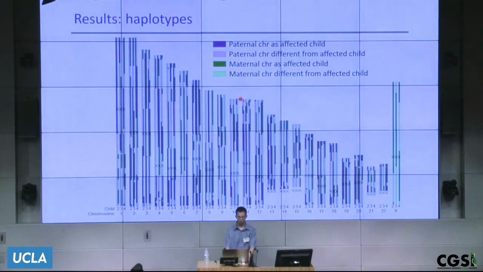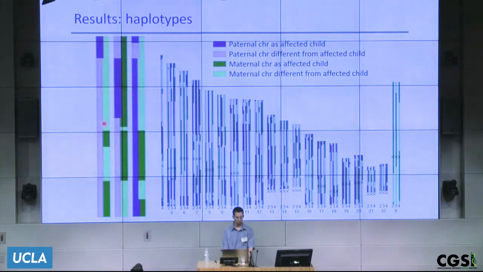So this is what the results look like when you try to visualize them. Let me walk you through this. We have 22 chromosomes plus the X chromosome, which we also implemented. For each chromosome, what I'm showing here is results for 3 children. And for each child, we have a pair of bars. So what do we see here?